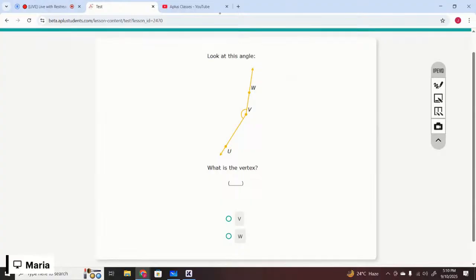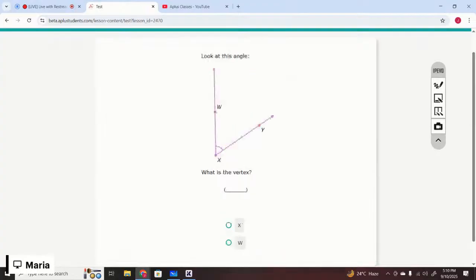The vertex is V. Option number one is the correct option. Okay, you can complete the lesson by yourself. Let me just move on to the next lesson.